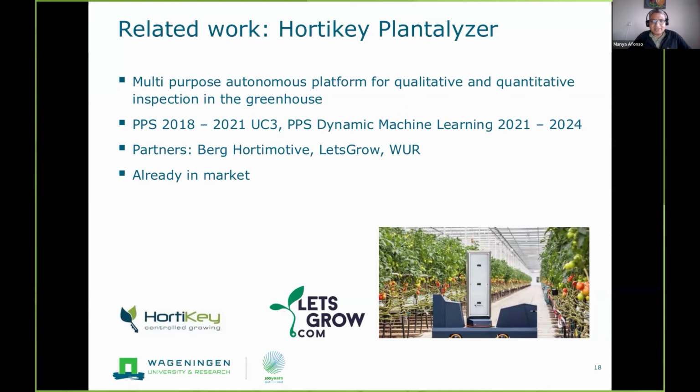It helps to detect the fruits which are ripe, and also develop models for ripeness over time. It's already in the market and being used. It's been purchased by growers in the Netherlands, France, and the USA.